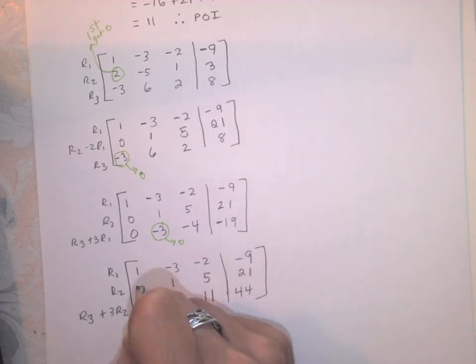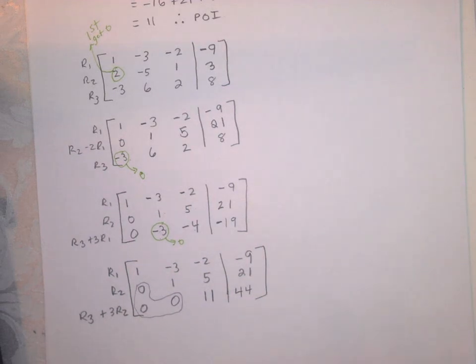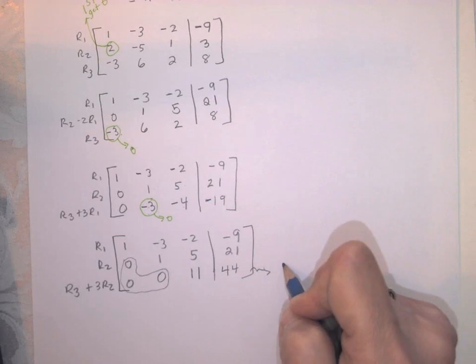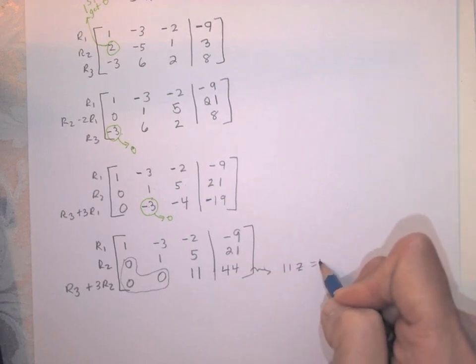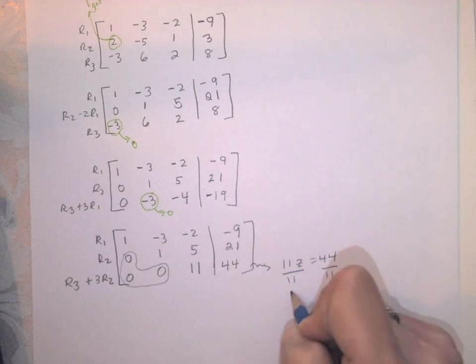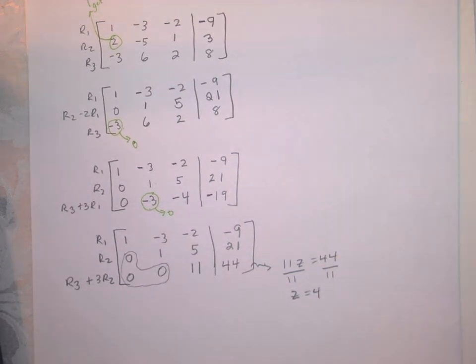So now that I've got this L of zeros here, I can read my matrix. And remember, we start from the bottom. So the bottom tells me that 11z equals 44. So if I divide both sides by 11, I get z is 4. So I know that the z value at the point of intersection is 4.